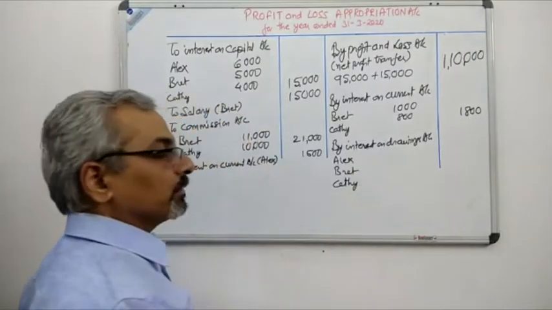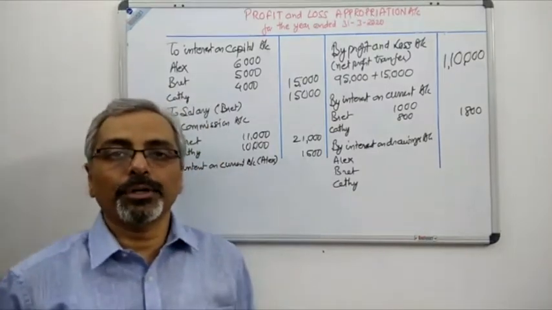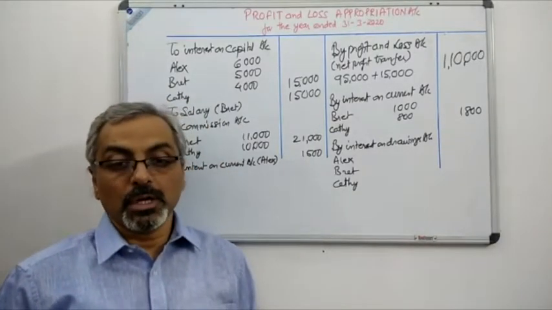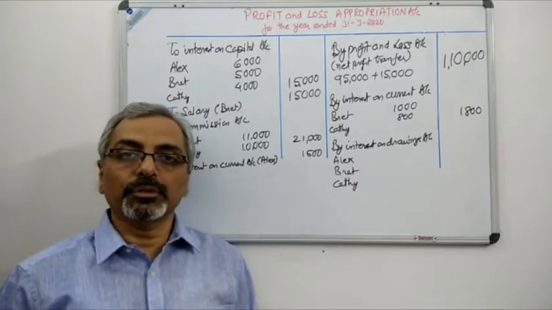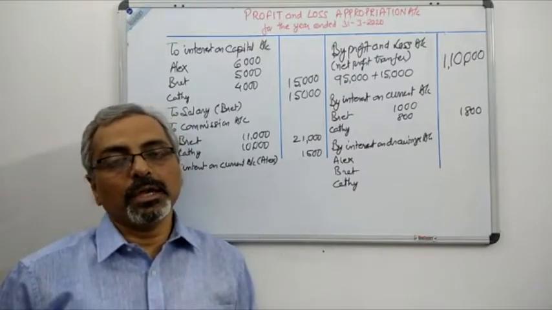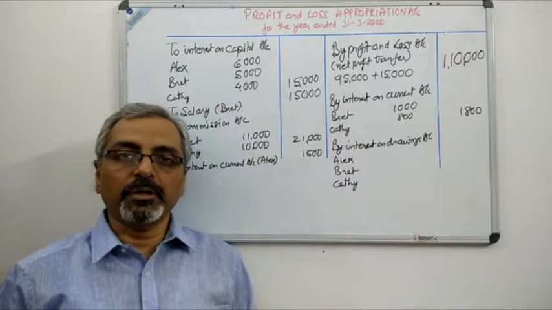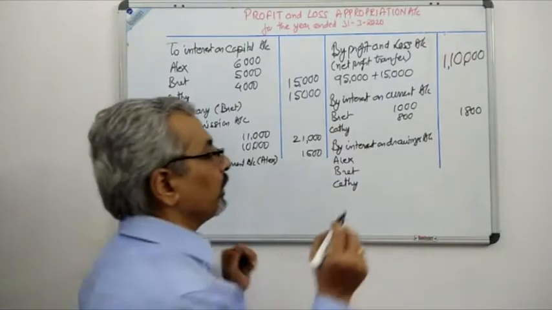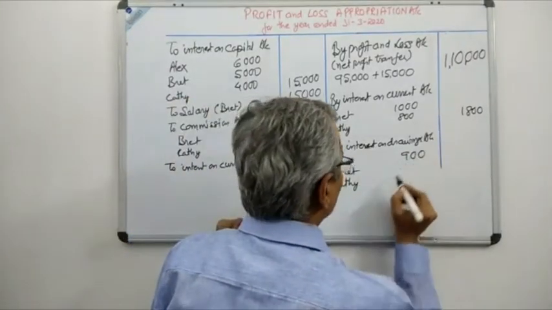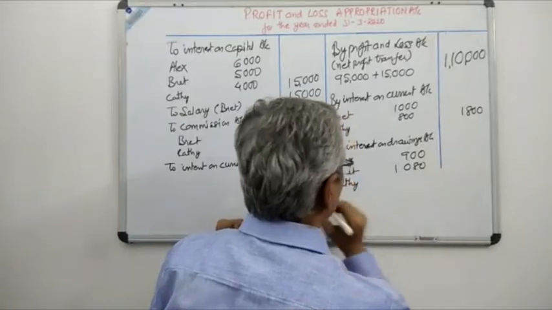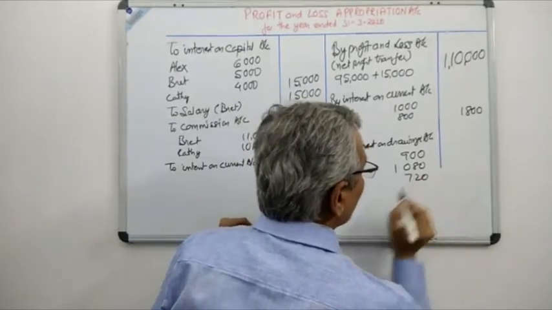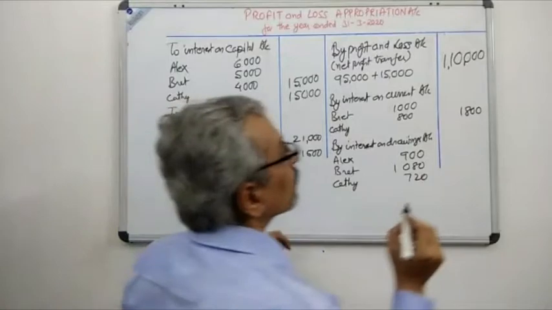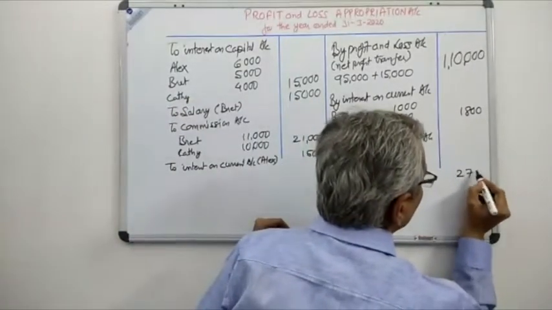And if you remember that we had already calculated the interest on drawings, and which was over here 900 for the first partner, 1,080 for the second partner and 720 for the third partner. So 900 for Alex, 1,080 for Brett and 720 for Kathy. The total amount comes to 2,700.